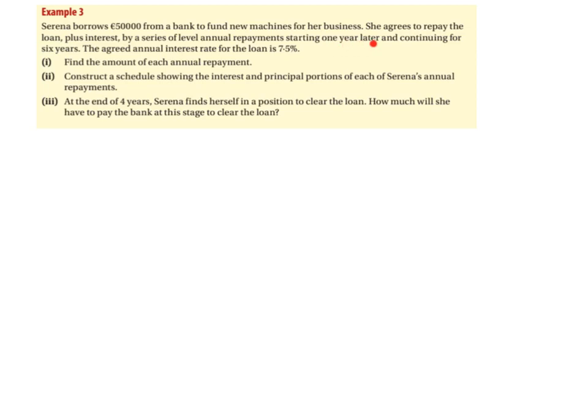That means now that I can start using the amortization formula. So all I'm going to do is just run that through to get the first one. So find the amount of each annual repayment, straight into the formula. Remember, it's A is equal to P, and we've got I times (1 plus I) to the power of T, over (1 plus I) to the power of T minus 1. Our A here is what we're trying to find out.